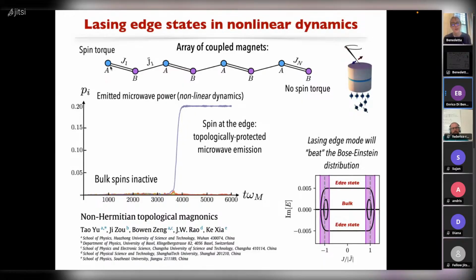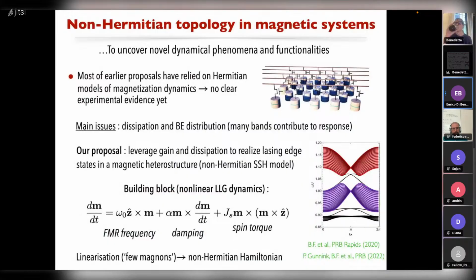About the Landau-Lifshitz-Gilbert equation that you showed before, are you considering this in its quantum version or in its semi-classical version? For me, if we are using the same semantics, I would say semi-classical.